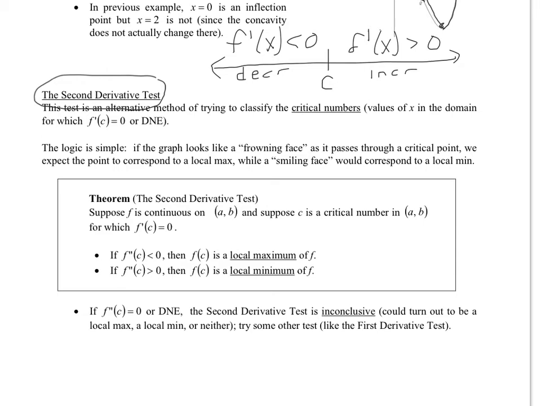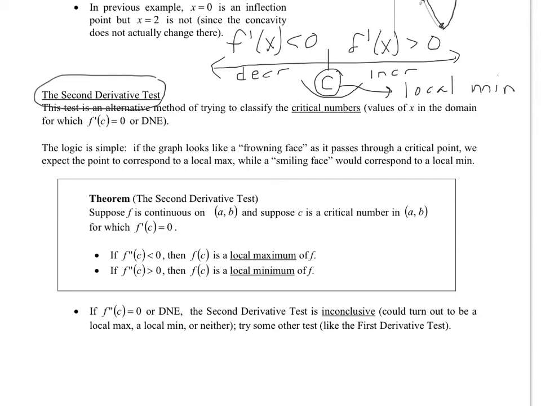So the graph falls as it travels rightward towards c, but then rises as it continues to the right past c. So we transition from a decreasing to an increasing function as we pass through c, and that implies that the function has a local minimum at c.